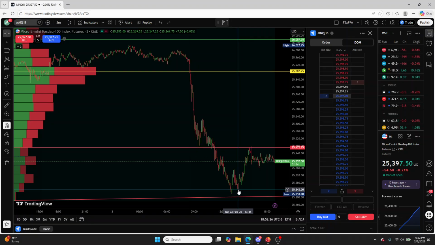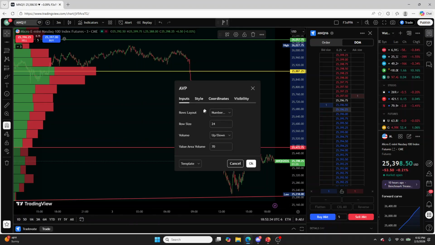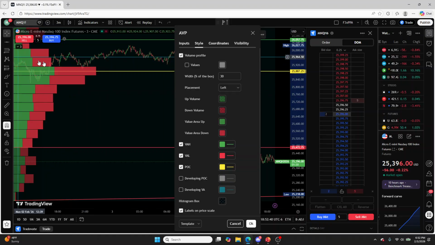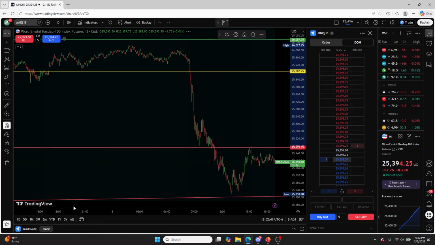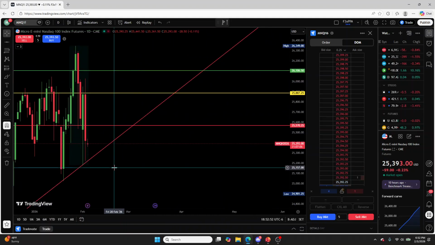Prior week playing current week is something I love to do, and I'll remove this here. I'll remove the profile itself because to me it's not overly important at times, and then I'll change the colors of this one, and then I'll go to a daily chart and repeat the process on a different time frame of profile, right?